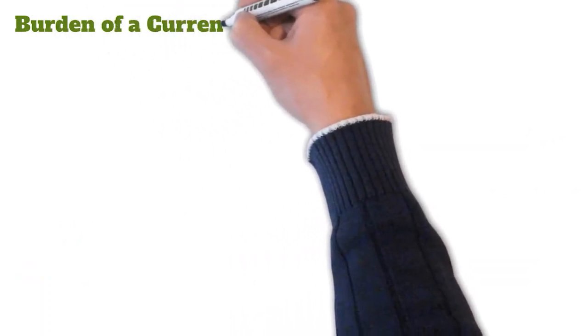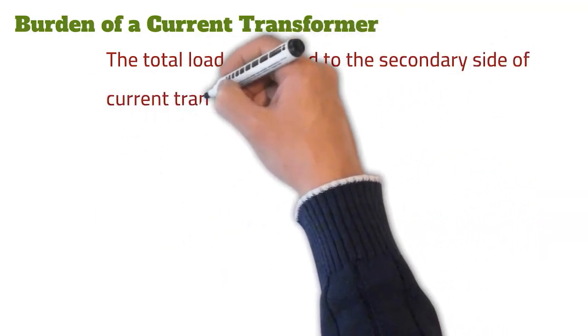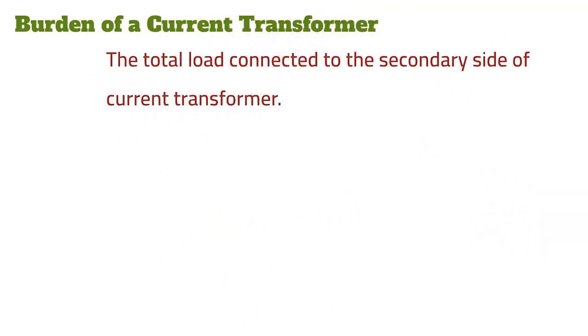Burden is also a significant measure in current transformers. Burden means the total load connected to the secondary side of the CT. This will be the resistance of the CT secondary winding, connecting leads, relays, meters, etc. A higher value of burden extends the saturation characteristics of the CT core, and therefore during a fault current it may increase to a higher value. This is the significance of burden.